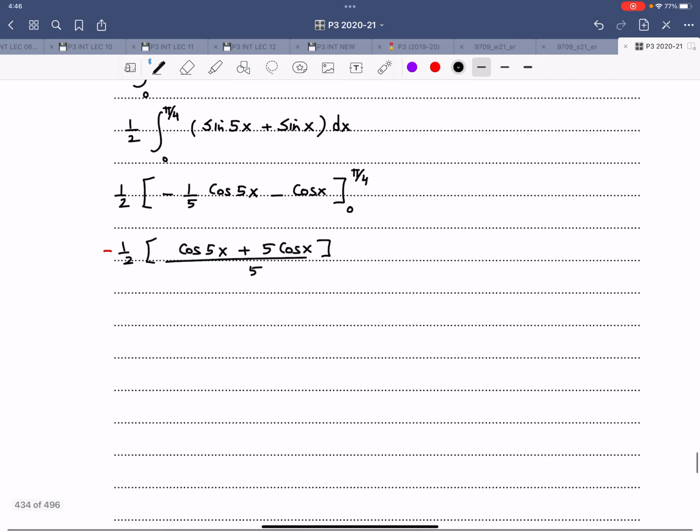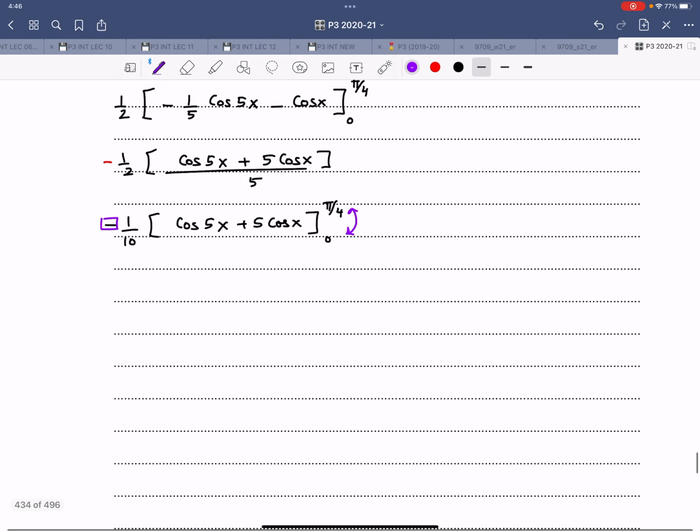So therefore, this is minus 1 over 10 between the limits, cosine 5x and 5 cosine x, between the limits 0 and pi by 4. Now if you want to get rid of this minus sign, which you should, the two limits would flip. So therefore this is positive 1 over 10. This is cosine of 5x. This is 5 times cosine of x. Upper limit is 0, lower limit is pi by 4.